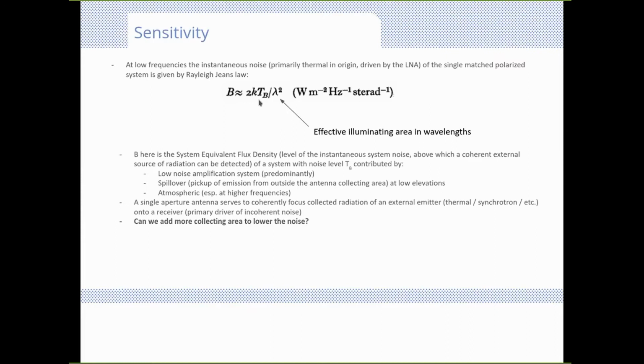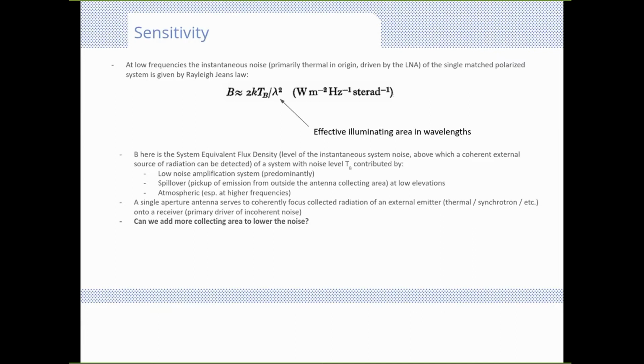Now, that noise is primarily driven by the various amplification stages within the receiver system. The low noise amplification system has some resistive properties, and therefore some temperature, and it dominates the system temperature. This is why we place it in a cryogenically cooled enclosure, to keep things stable and at a low temperature to lower the noise inside, for instance, the MeerKAT receivers. It also depends, especially when you move towards the ground, on spillover.